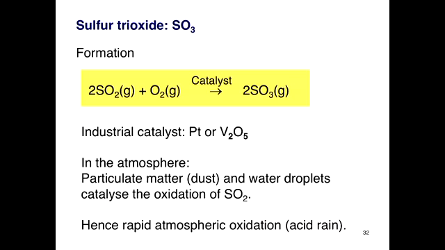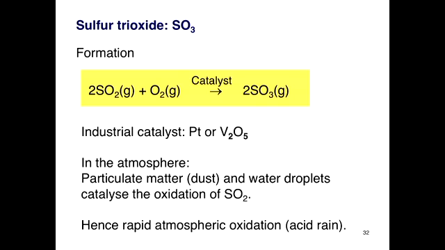If we want to go to SO3, the highest oxidation state we can go to for sulfur, then we need to combine it with oxygen and we need a catalyst. So it's really quite interesting. I burn the sulfur, I go to SO2. If I want to go to that next step, I need to have a catalyst present, something like platinum or vanadium oxide. In the atmosphere, though, SO2 might be there from volcanic eruptions or from the burning of fossil fuels.